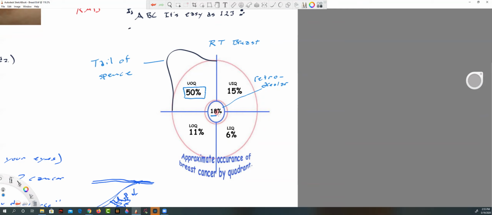It's the smallest area, but it has the second most cancers. So in a way, as far as volume goes, it's the number 1 area, because it's a smaller volume and it has 18%. So in any case, important. It's all important, but that's important as well.